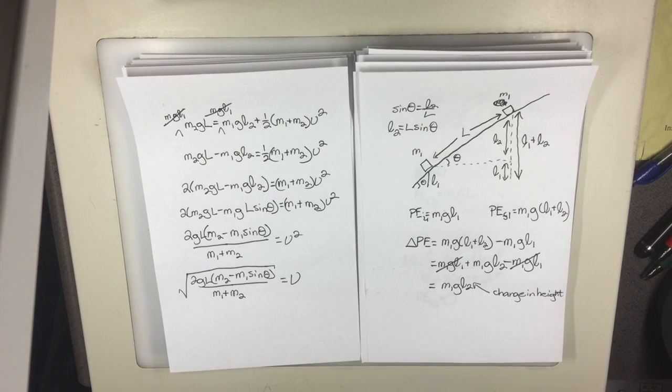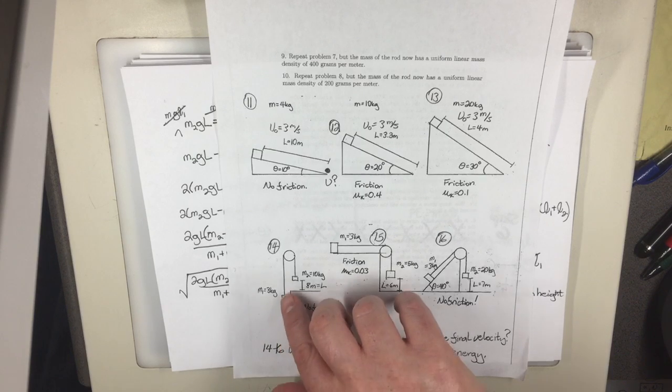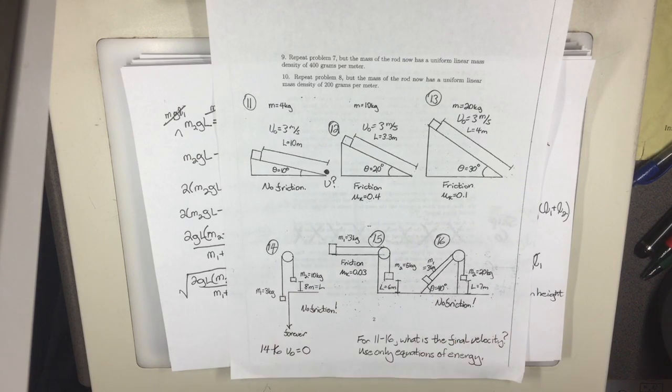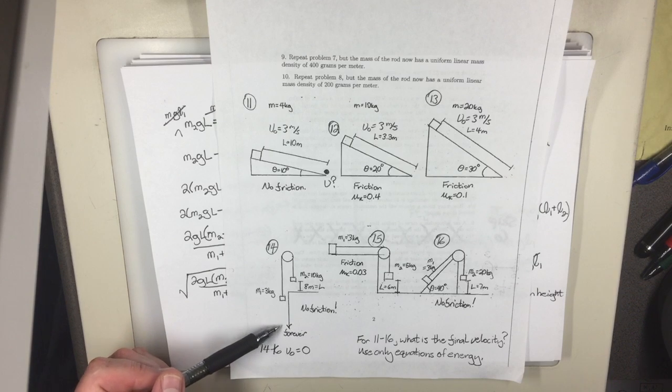Now it's the same thing with 14. We won't do it much, but you could say that there is an arbitrary height Q. So the initial potential energy is M1gQ. Well, what's the final potential energy of M1? The final potential energy of M1 is M1g(big L plus Q).